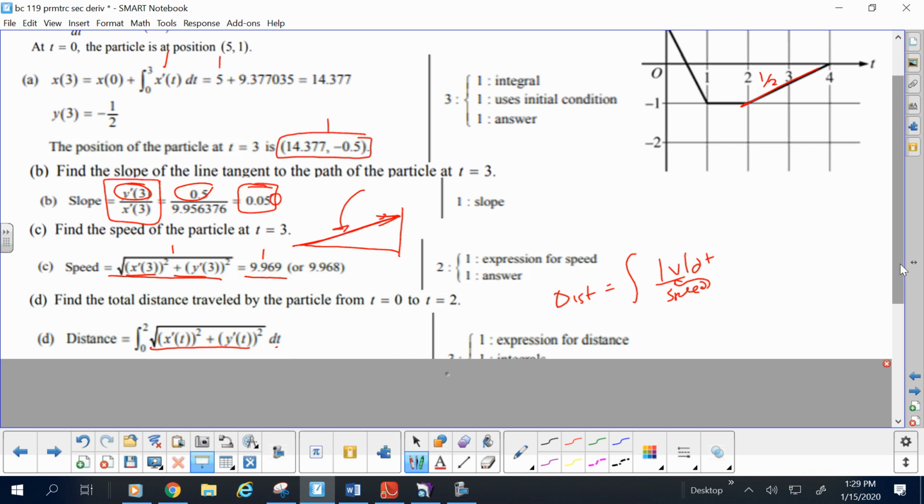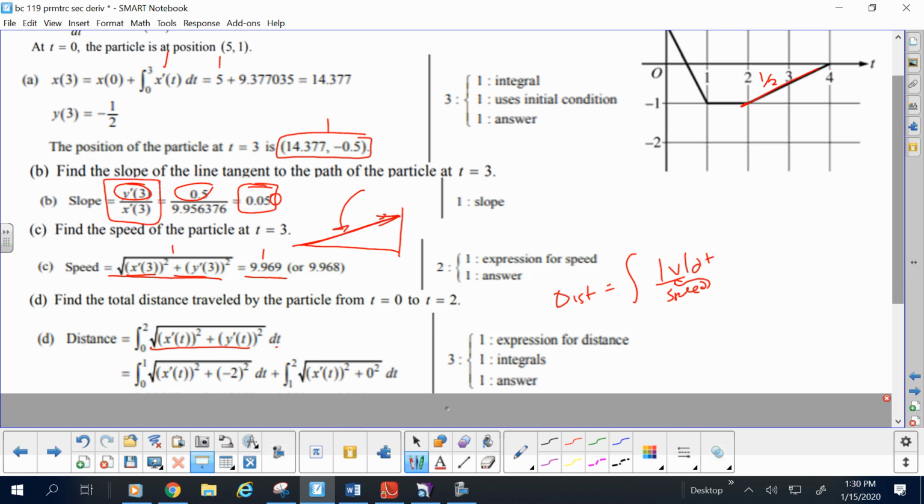Now the problem, what is the problem with that? Yeah, you don't have an equation. Can you find y prime? Yes, but is it the same for the whole region 0 to 2? It isn't. You have to use a piecewise function. You have to do 2 integrals, one for y prime from 0 to 1.